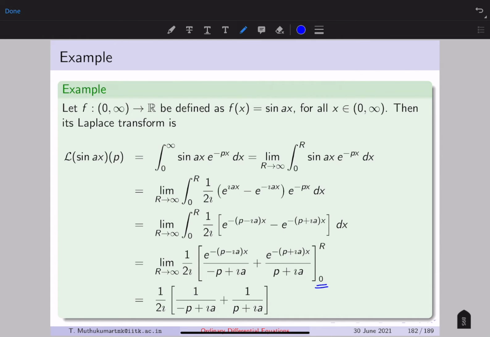Once you have this, you can simplify further in the real form, so you actually have a real number. Though it looks like a complex number, it's actually a real number. So the Laplace transform of sine ax is a over p square plus a square. This again is valid for all positive p, because you need to use that when you do minus p times x and so on.